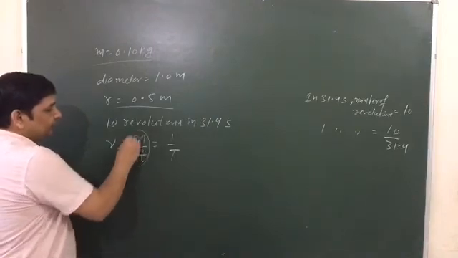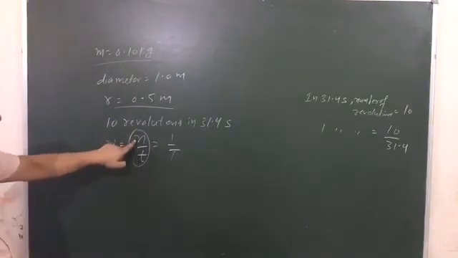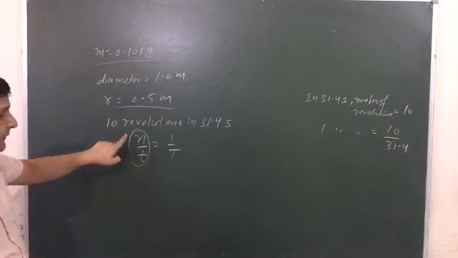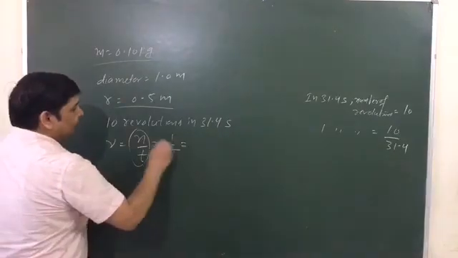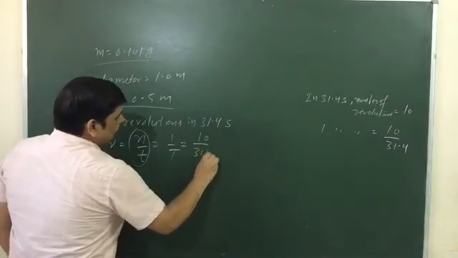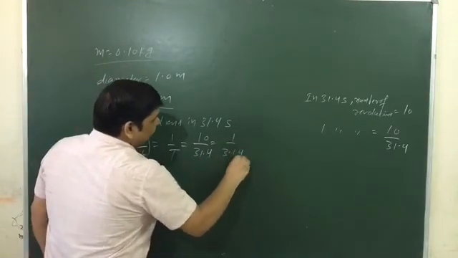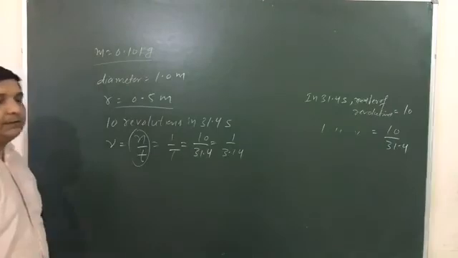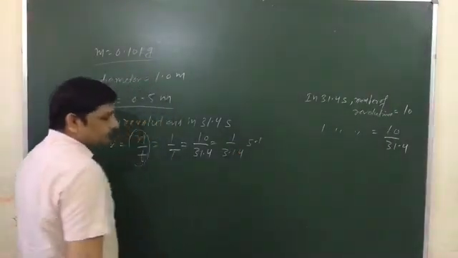Therefore, frequency is given by n upon t, where n means number of revolutions and t given time. Therefore, frequency is 10 upon 31.4, or 1 upon 3.14. The unit of frequency is per second.